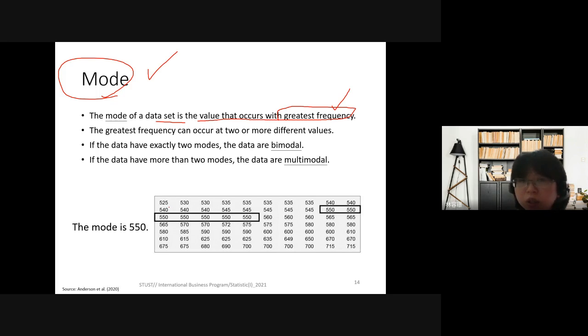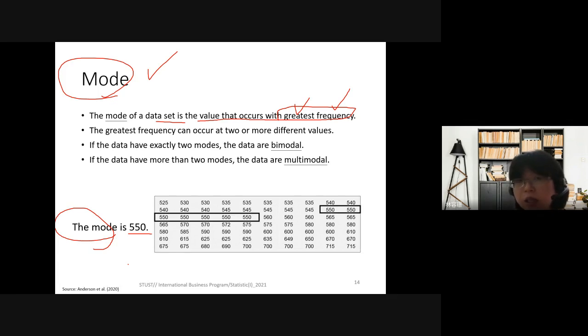If the frequency shown is the greatest one, we will say that data is the mode. For example, here in such data, you will find 515 is the one that occurs with the greatest frequency.